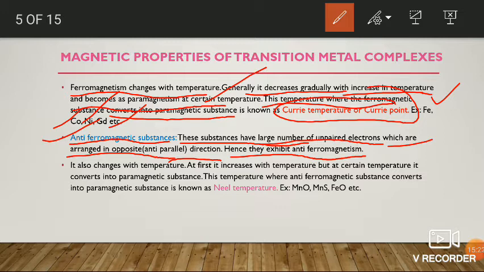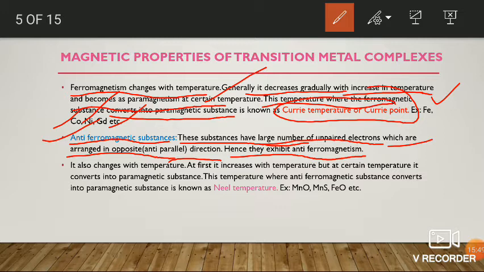Antiferromagnetism means it is opposite to ferromagnetism. Although these substances have a large number of unpaired electrons, their magnetic moment is less compared to ferromagnetic substances. Their behavior is generally opposite to the ferromagnetic substances, even though they have a large number of unpaired electrons.